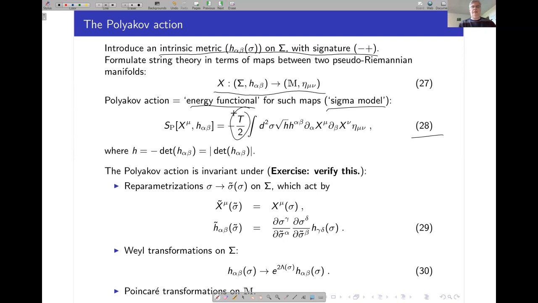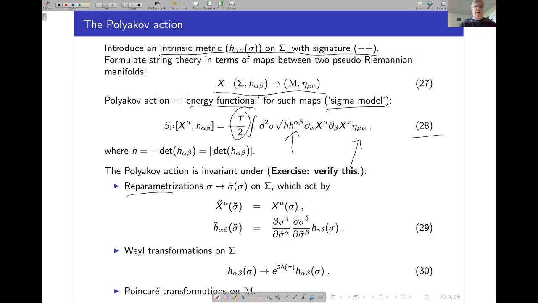Then we have the tangent vectors with the Lorentz indices contracted with the Minkowski metric, the worldsheet indices contracted with the inverse of the worldsheet metric. And then we have the square root of the determinant of the worldsheet metric, where again we have to take the absolute value.